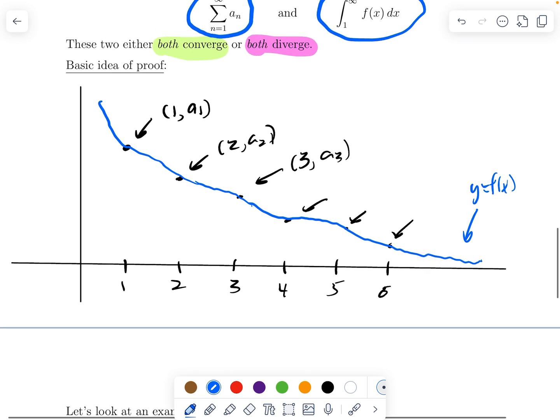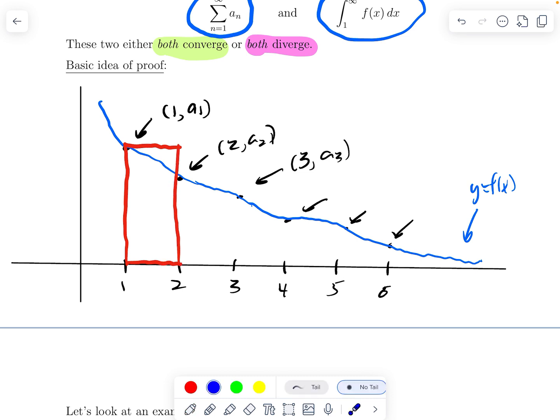So here's what I'm going to do. I'm going to draw some boxes. So here, this box in red, it's 1 unit wide and its height is a1. So the area of this red box is a1.